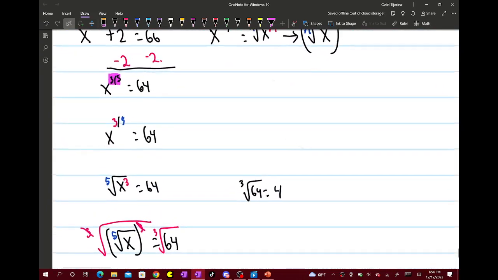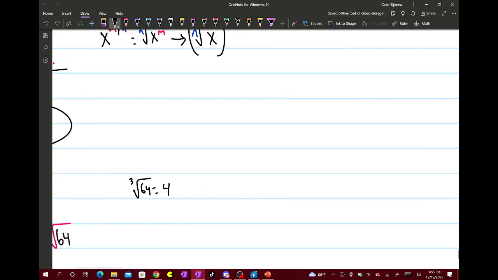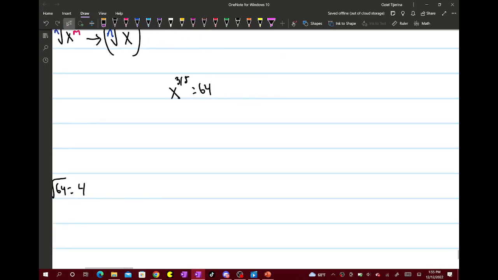The other way to do it: we still have x to the 3/5 equals 64. What we can do is raise both sides to the 5/3 power to get rid of that fraction up there.